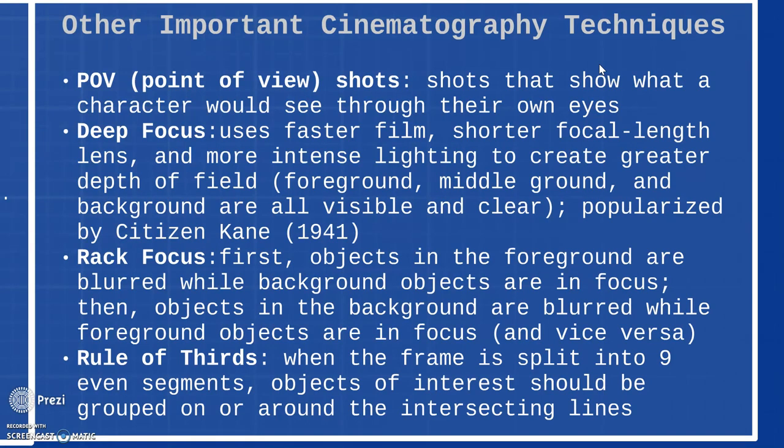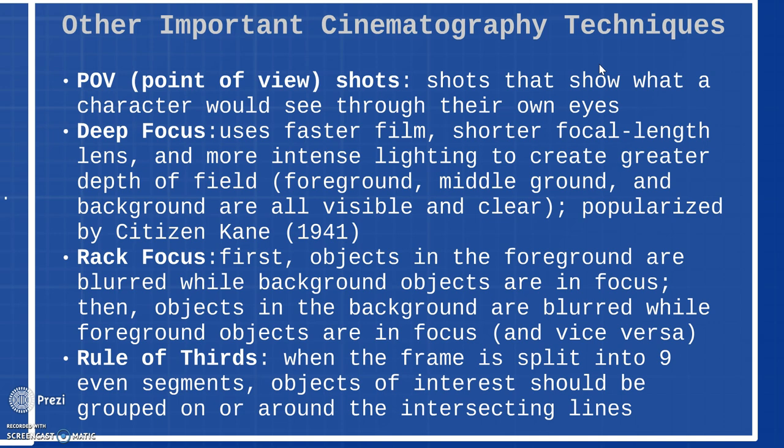So you might have an object in the background that's very, very blurry while the foreground is very sharp, and then it switches. So the foreground is very blurry while the background is very sharp. I'll show an example of this in class on Wednesday to clarify, but the important thing to remember with rack focus is that it helps the audience focus and hone in on a particular object by blurring the things around it, behind it, or in front of it.